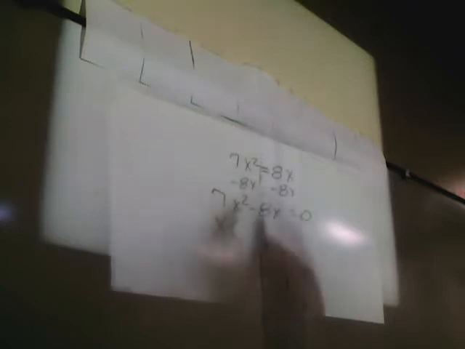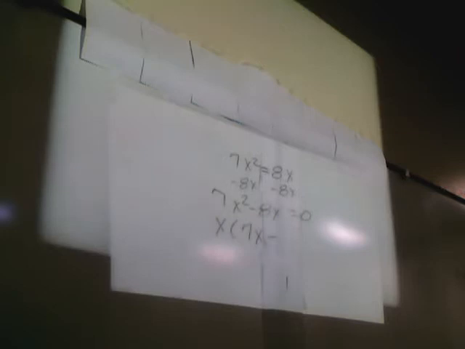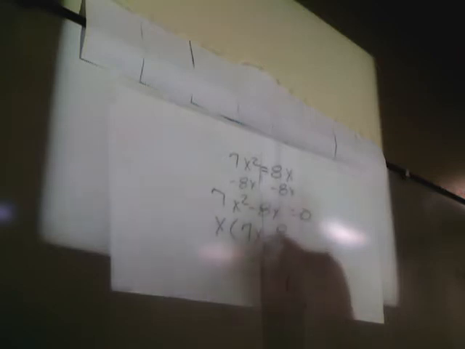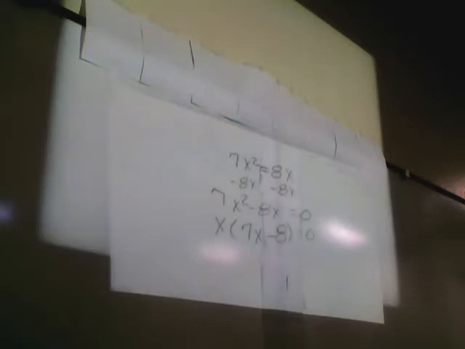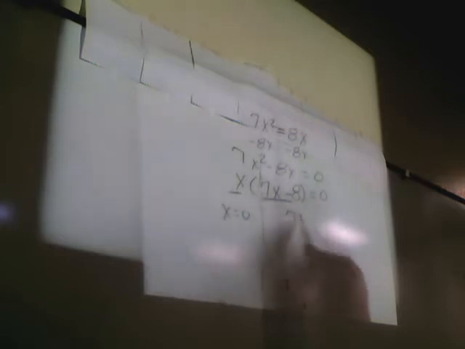Can you factor anything out of that? x. The x is outside of 7x minus 8, and that equals 0. So you're going to have two answers, the one for this and for that. You set x equal to 0, and 7x minus 8 equals 0.